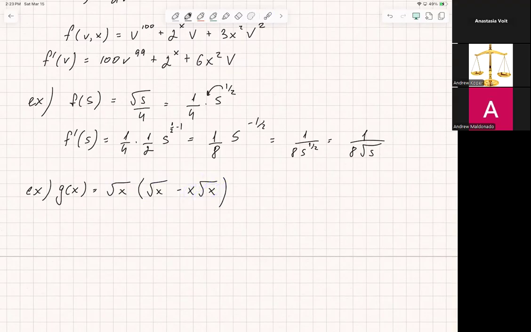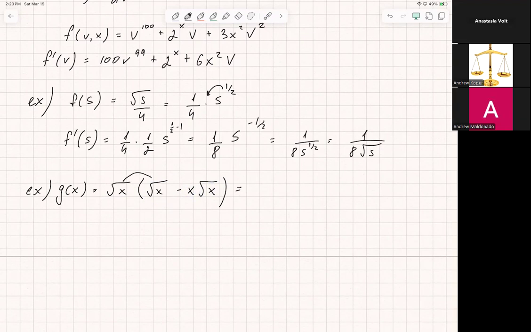What you can do instead, if it looks too complicated, right? We have to take the product rule 2 times, and one is inside of the other. Maybe it's a good idea to simplify this expression first, and then maybe use the power rule if possible, right?